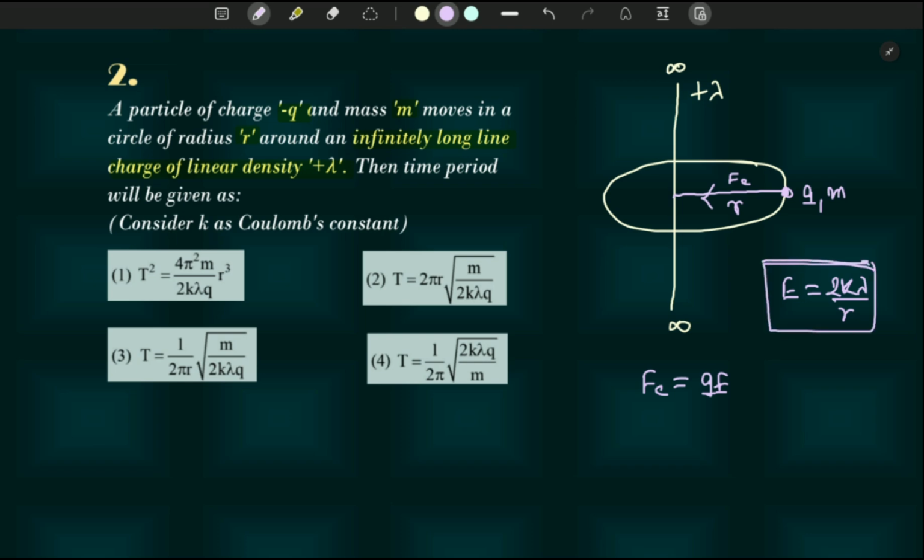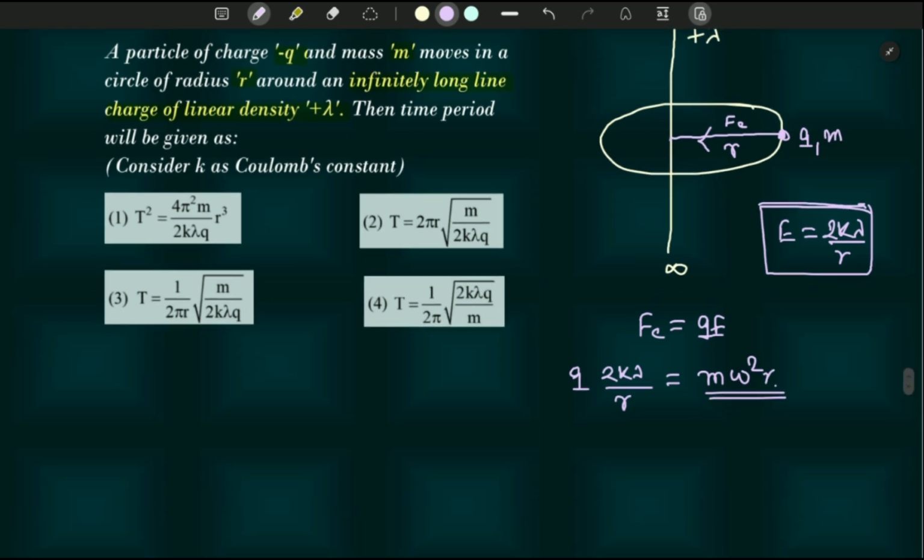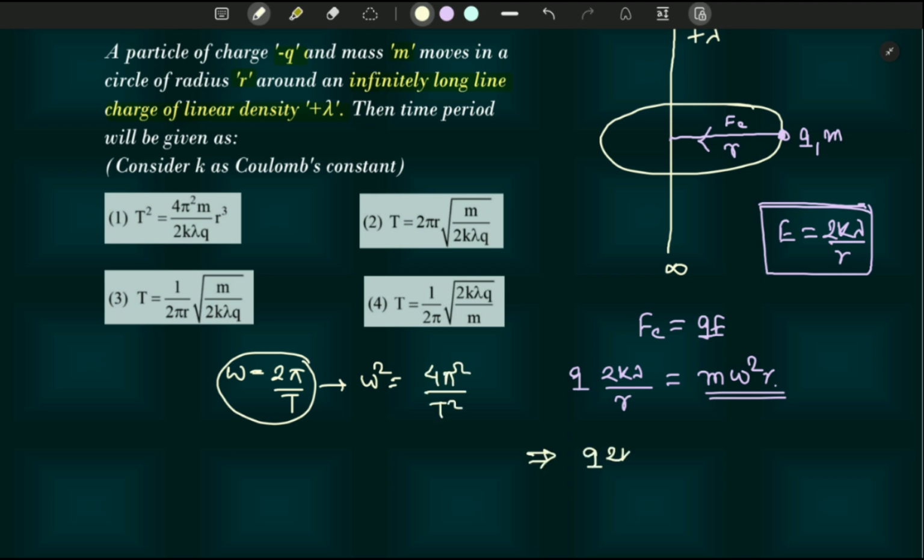So q into 2kλ by r is equal to m ω square r. This is the centripetal force. So from here, ω is 2π by T. We know this. So ω square, I will replace with 4π square by T square. So ultimately from here I will get q into 2kλ by r is equal to m 4π square by T square into r.